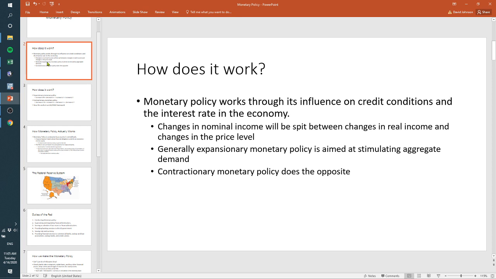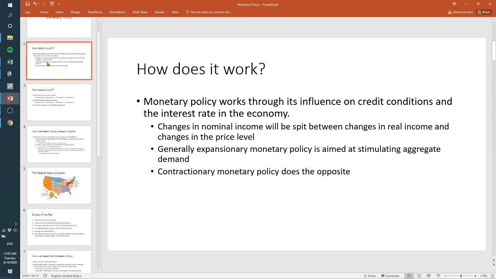And this is going to have a direct effect on price levels, and because it's going to affect price levels, this is going to lead to changes in aggregate demand depending on the type of monetary policy that's being used. So we have this very indirect way of influencing GDP through changing the price level by engaging in different types of monetary policy.